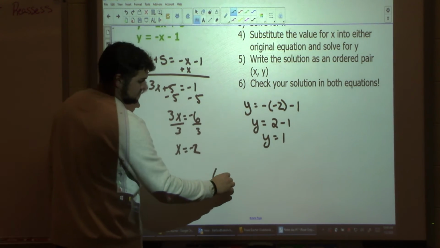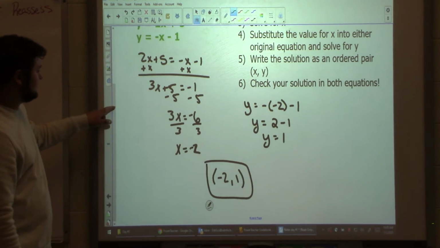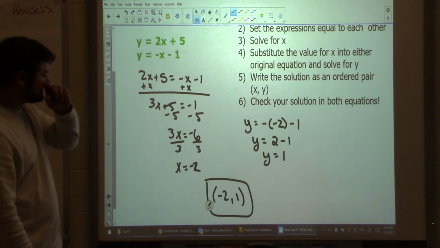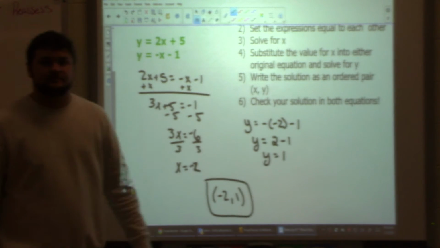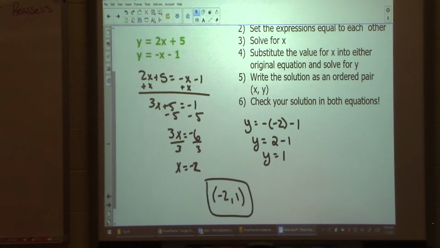Wait, which one are we doing? Are we doing this one? I thought we were doing the bottom one. No, not yet. That's what I got. It turned into 3x if you add x, right?